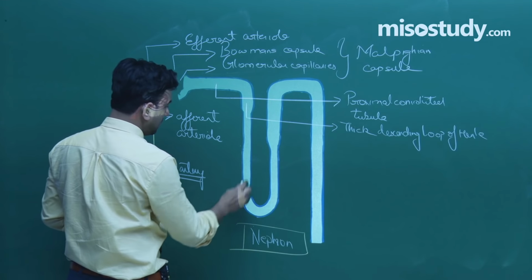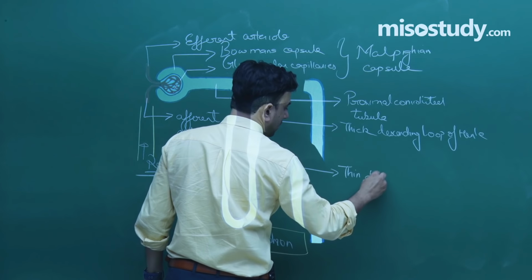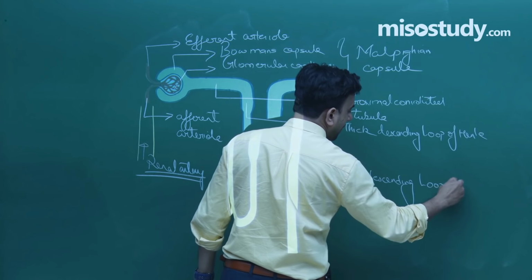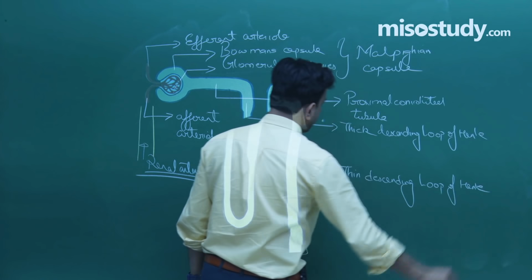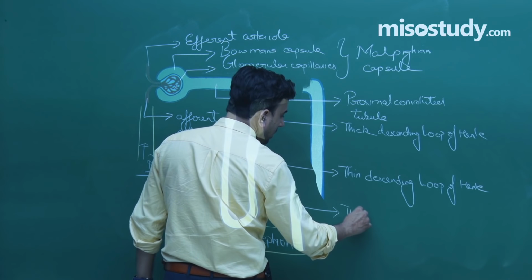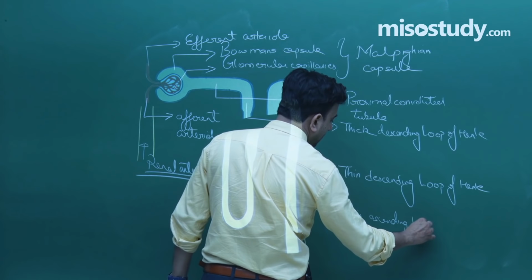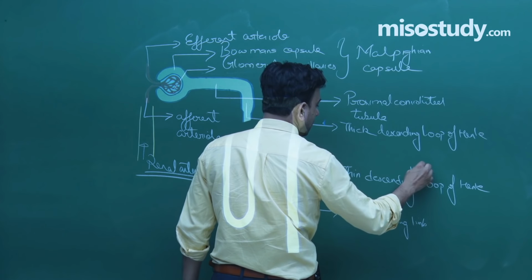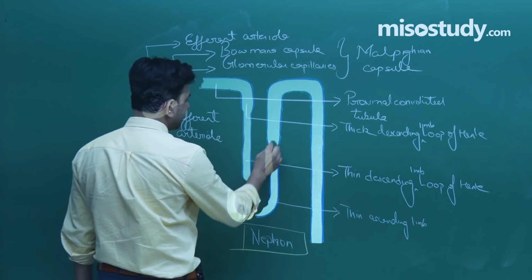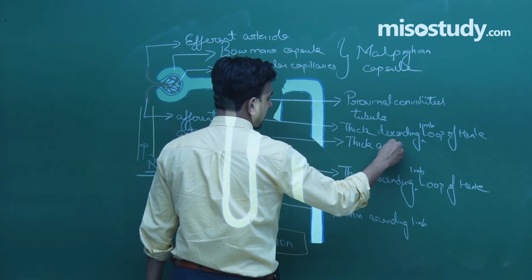And this is the thin descending loop of Henle. This is the thin ascending limb, and this is the thick ascending limb.